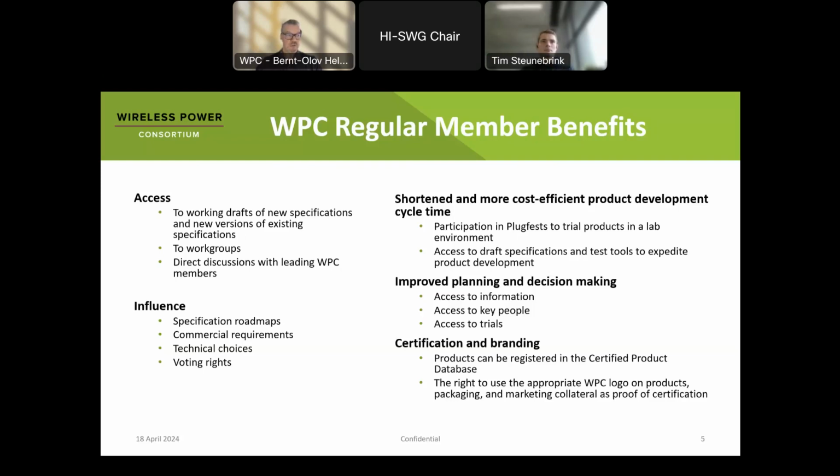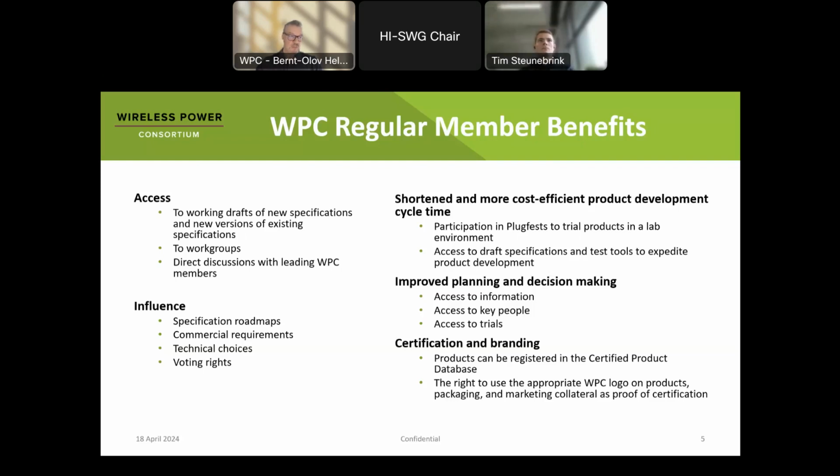It also gives a shortened and more cost-efficient product development cycle time. You can participate in plug fests to try products in a lab environment. You also have access to early draft specifications and test tools to expedite product development. It also gives improved planning and decision making because of the contact with key people on the market, and also early access to information.